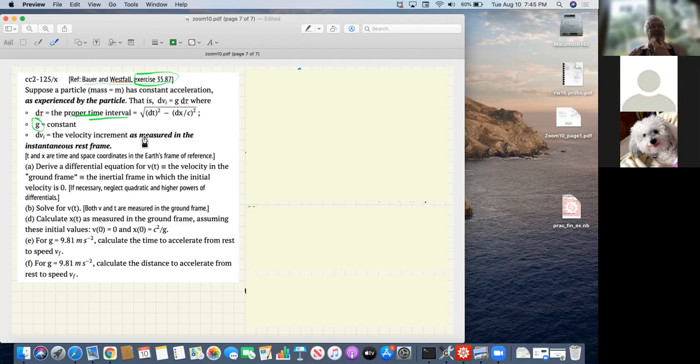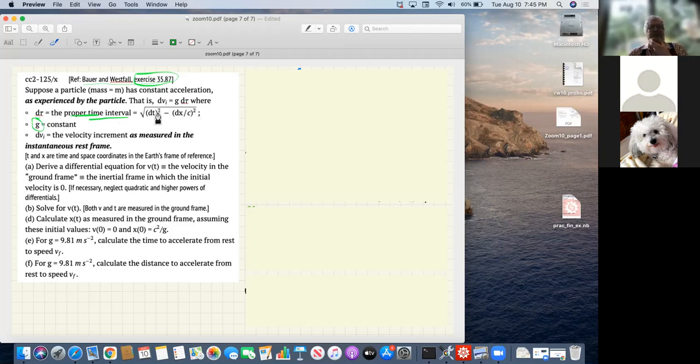It's in that frame of reference where instantaneously the particle is moving with velocity v. And then d tau is the square root of dt squared minus dx squared over c squared. That's the proper time. Again, we're going to see in a minute that it's related to time dilation.